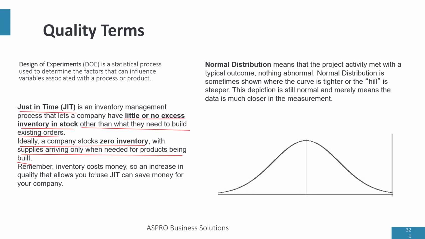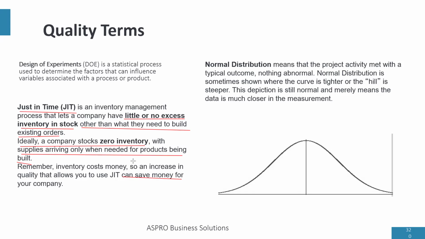What's the advantage of just in time? It helps you to save money. How does it help you to save money? If you're overstocking, that means you're ordering more inventory than you need.